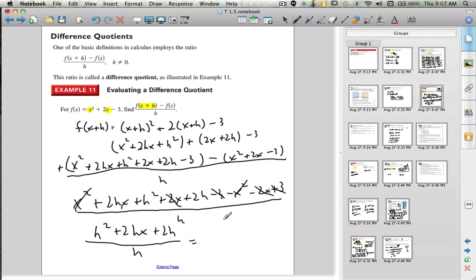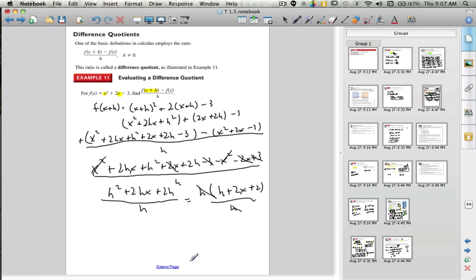Now, I can factor an h out of all of that. This is h times h plus 2x plus 2, divided by h. Those cancel, and I just get h plus 2x plus 2. And there you go.